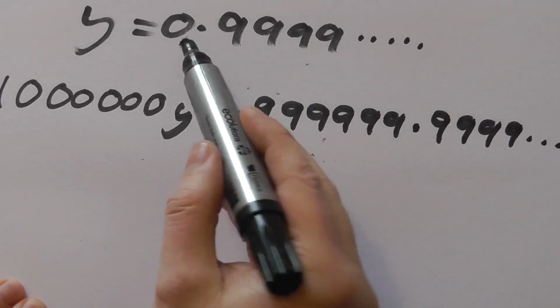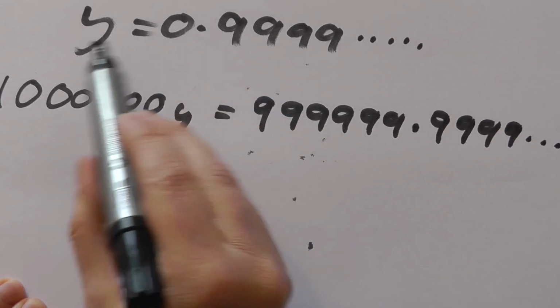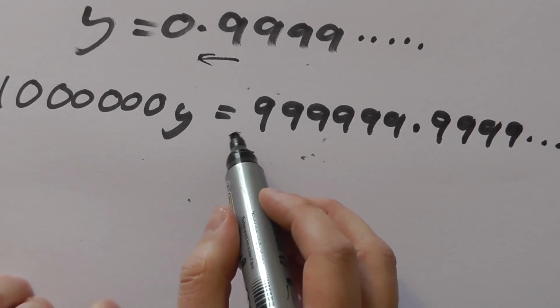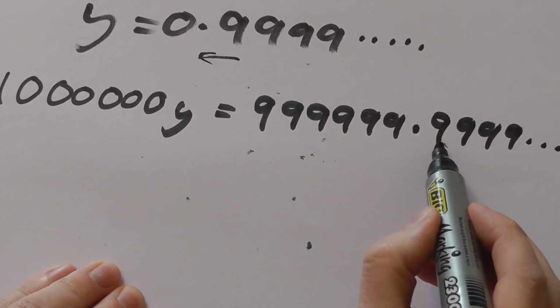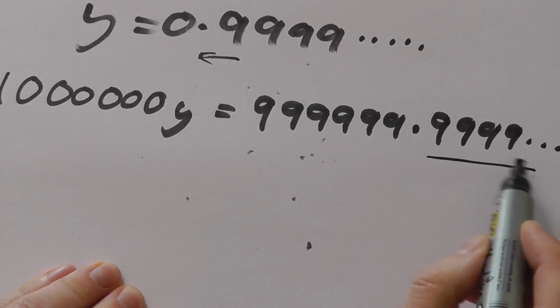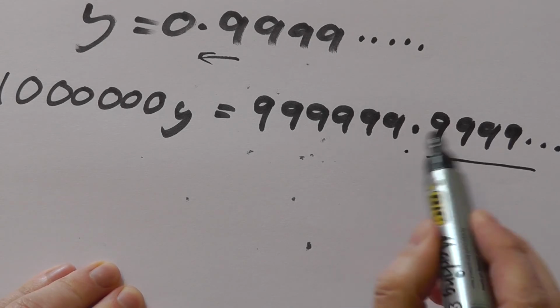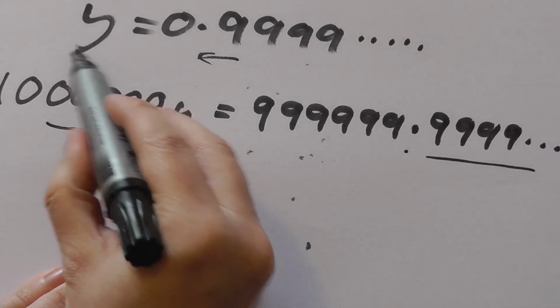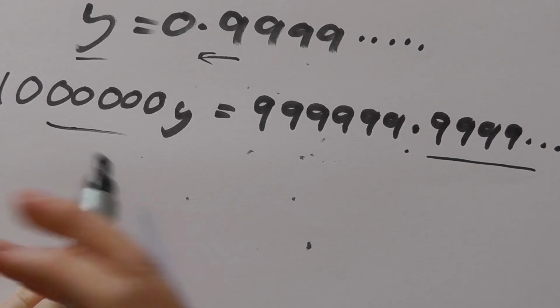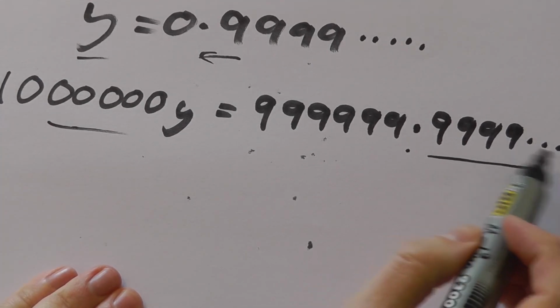Even in this case, we've moved every digit here 6 digits to the left. There are still the same number of 9s after the decimal point in this number as there are in this number. They go on forever.